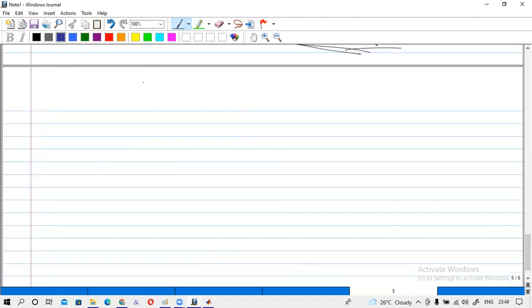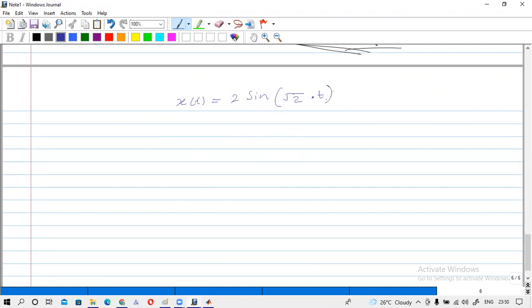I will give another example. Then I hope you will get a clearer picture of this. So let's take x(t) is equal to 2 sine root 2 t plus cos 4t.